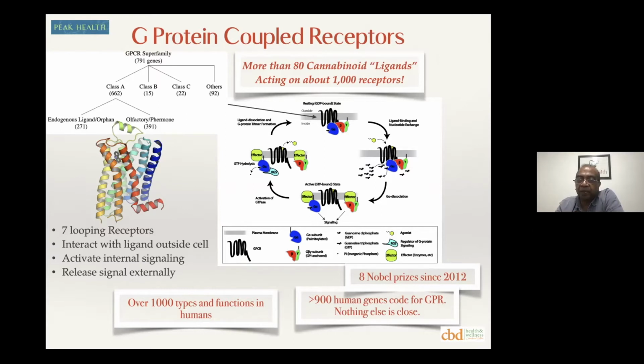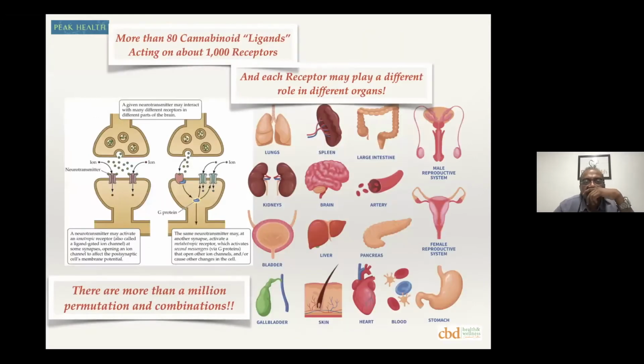Where it behaves differently is in the way the alpha, beta, and gamma subunits react and work, so you have different things actually happening within the cell.